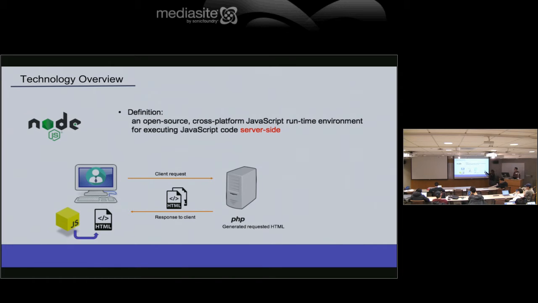Client will send the request to server, and server will use, for example, in this case, the PHP server language to generate the requested HTML and respond to the client. And the JavaScript will run the response HTML and show the content to the client.